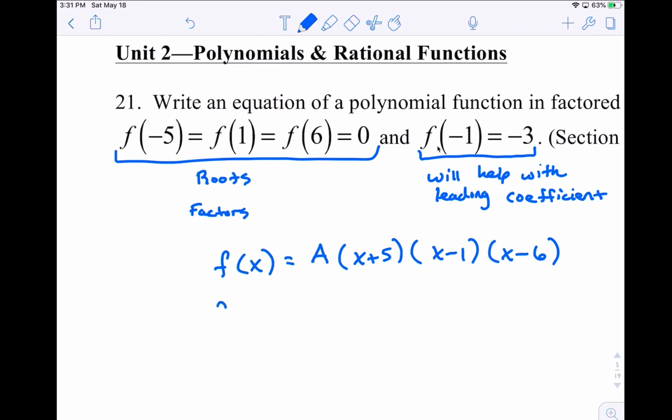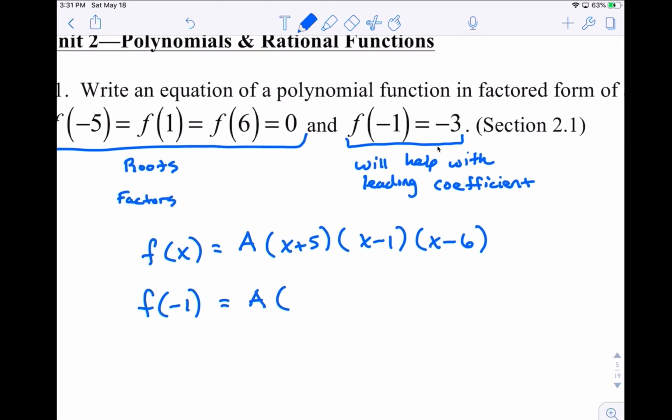Okay, so I got f of negative 1 equals a times negative 1 plus 5 is 4, negative 1 minus 1 is negative 2, and then negative 1 minus 6 is negative 7 equals negative 3. Okay, so I got negative 8 times negative 7, which is 56.